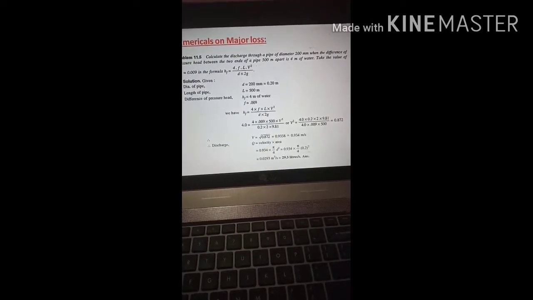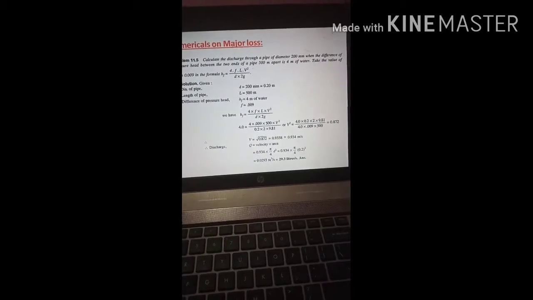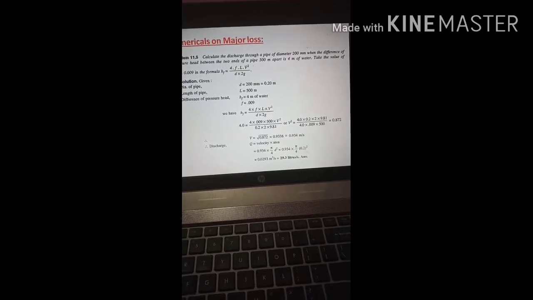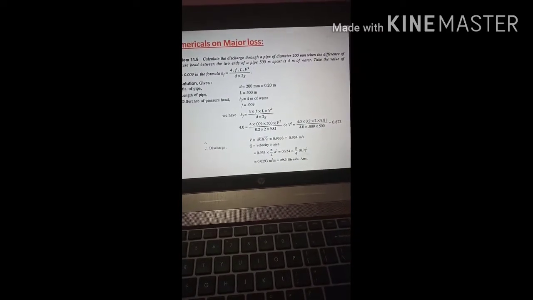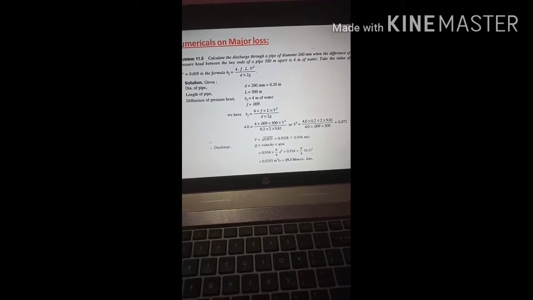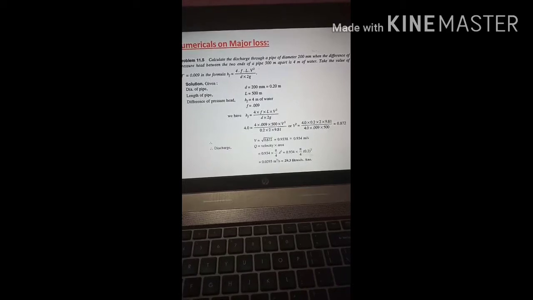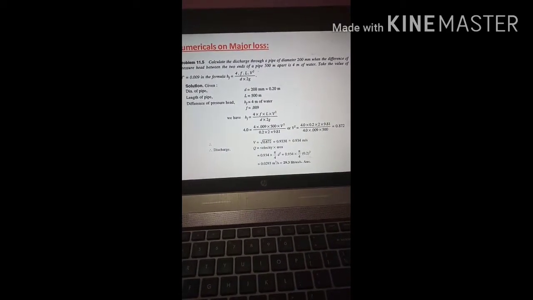You will get the value of velocity by putting the other values in the formula hf is equal to 4flv square upon 2gd. So if you put 4 is equal to 4 into 0.009 into 500 into v square upon 0.2 into 2 into 9.81, you will get the value of v, that is the velocity through pipe, as 0.934 meter per second.